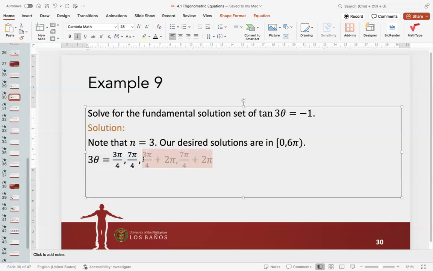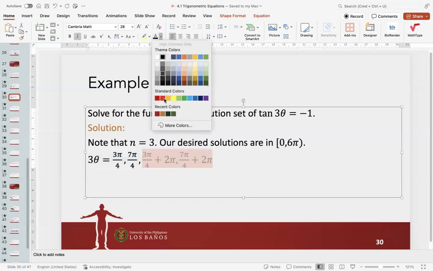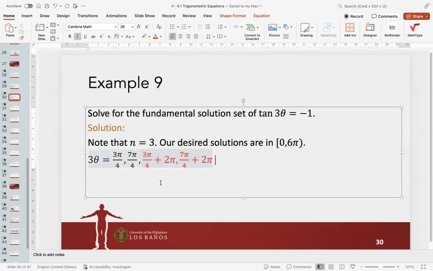So you know that these are the angles for the second cycle. So 3 pi over 4 plus 2 pi, we will get 11 pi over 4. And then 7 pi over 4 plus 2 pi, we will get 15 pi over 4.